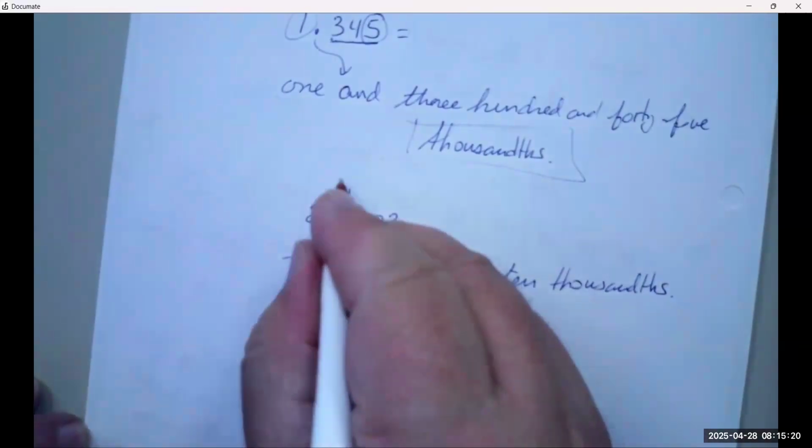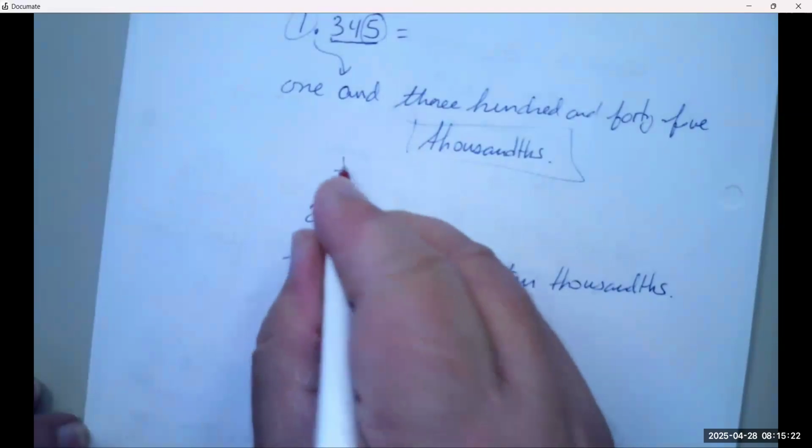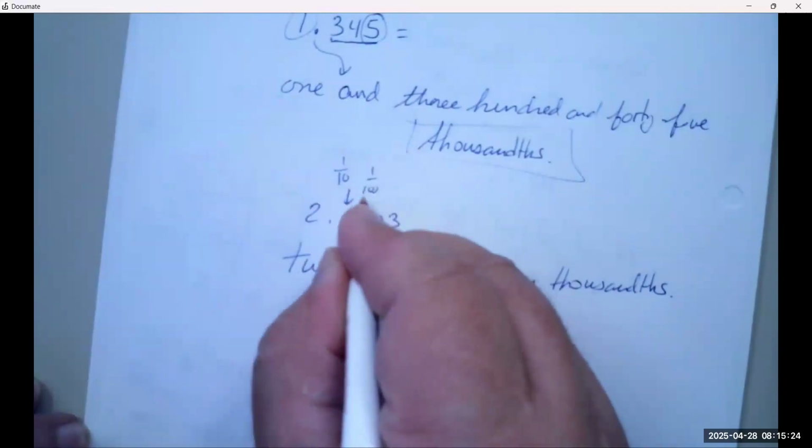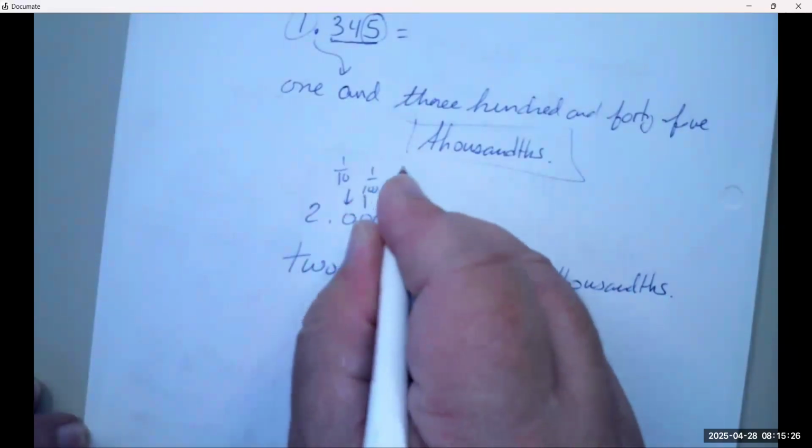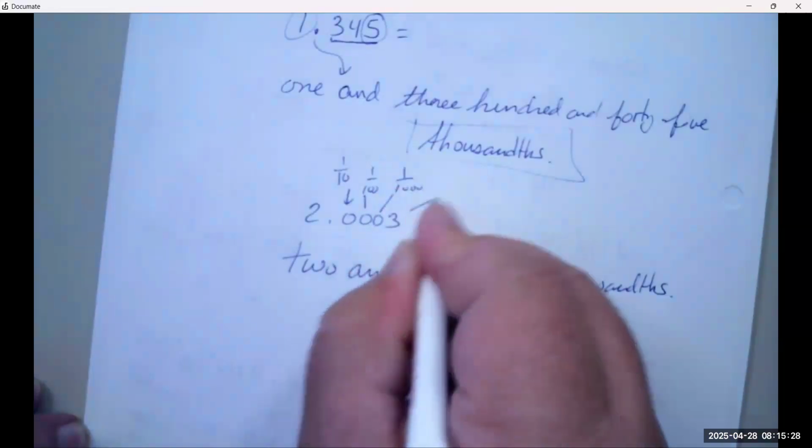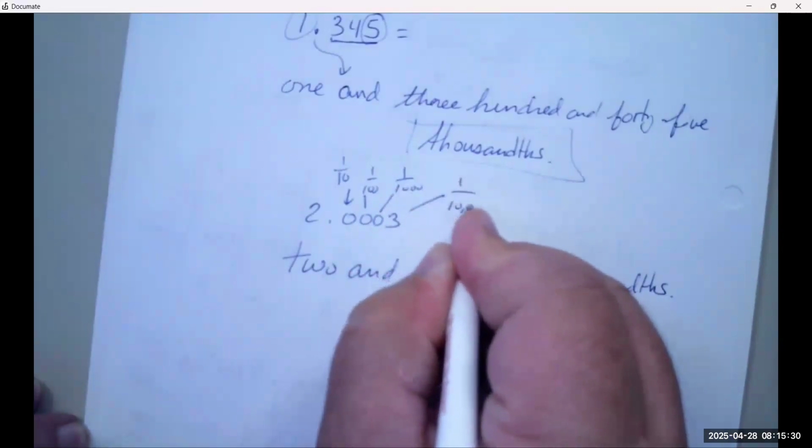Because this is the tenths, this is the hundredths, this is the thousandths, and this is the 10,000ths.